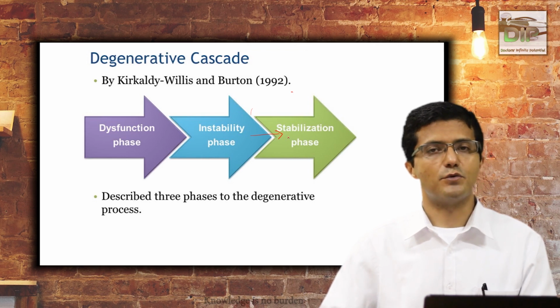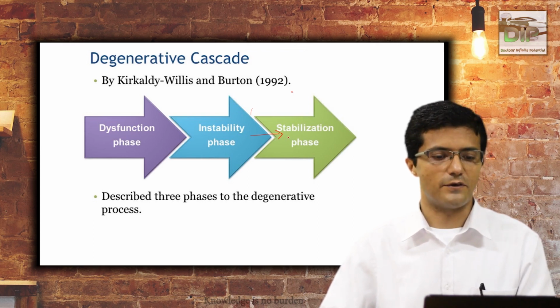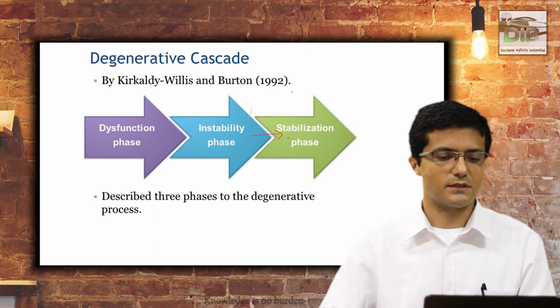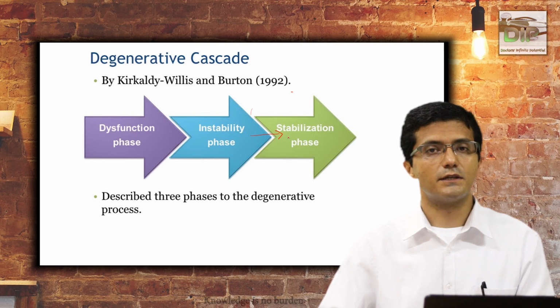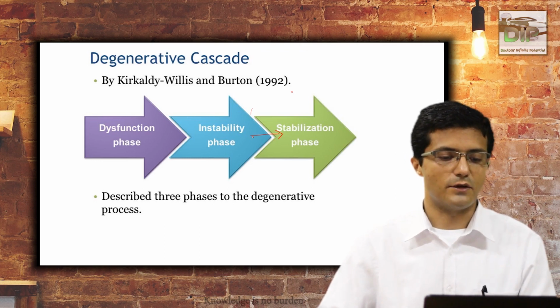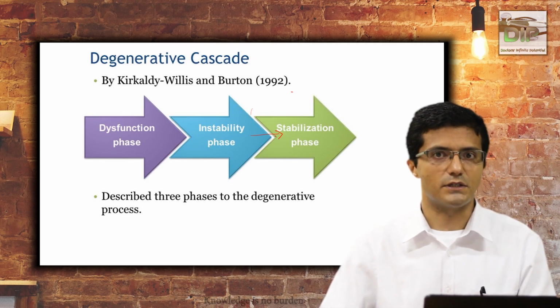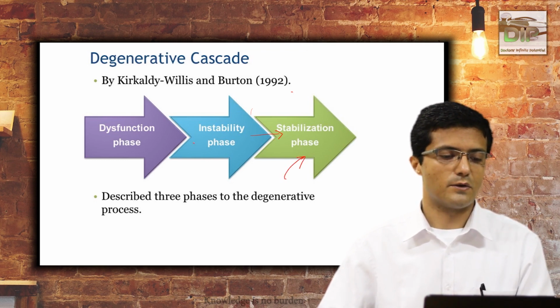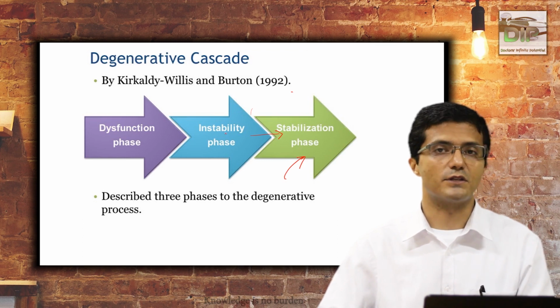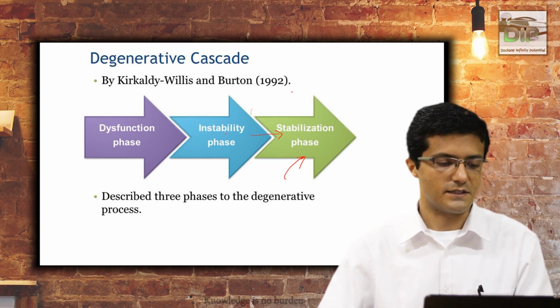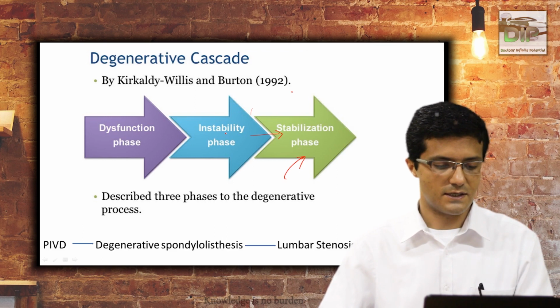Because of the hypertrophied flavum, the hypertrophied facet joint, and the buckling annulus fibrosus, there is compression of the nerve roots at the level of this disc, causing stenosis. So the patients, especially the elderly patients, present with a lot of stenosis. In the instability phase, patients mostly present with spondylolisthesis. This is shown in this cascade.